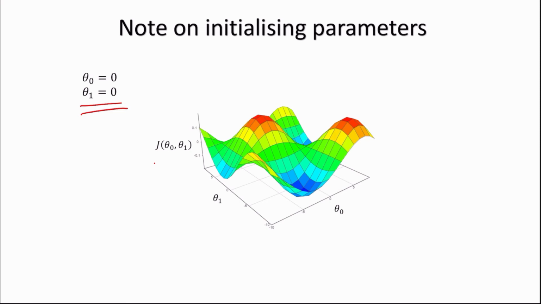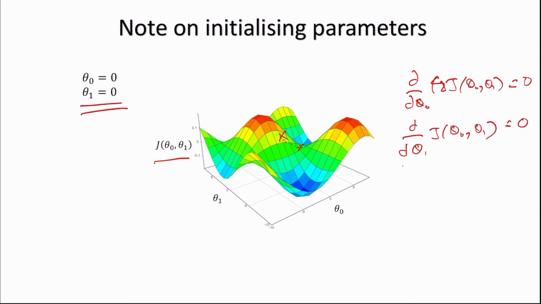For instance, if we had a cost function which looked like this and we wanted to apply gradient descent on it, if we initialize both to be at roughly 0, 0, so roughly up here somewhere, it might converge to a point here where the partial derivative of our cost function J(θ0, θ1) with respect to θ0 is equal to 0, and the partial derivative with respect to θ1 is also equal to 0.